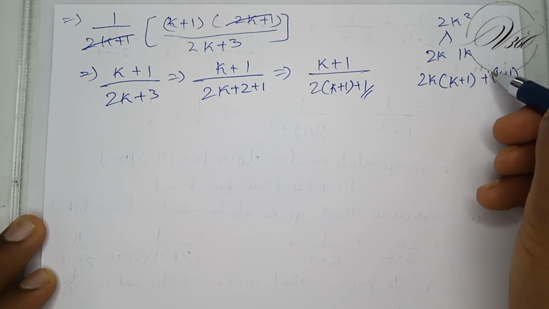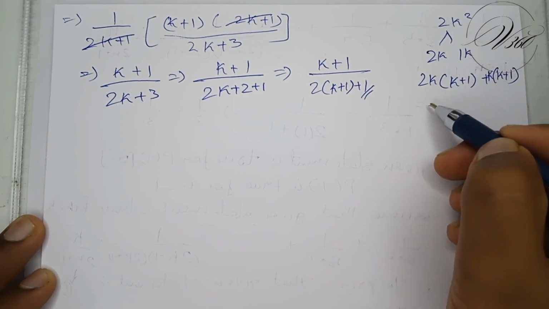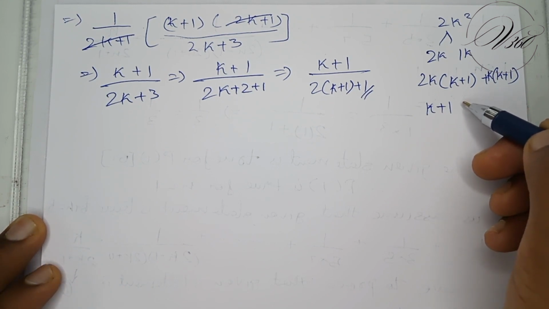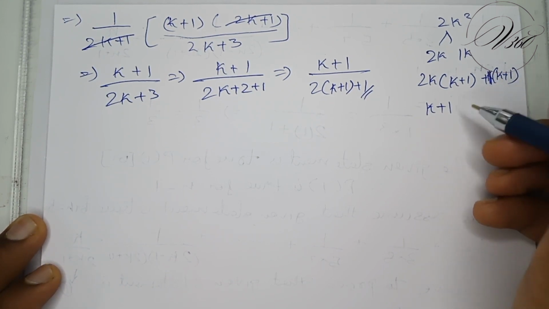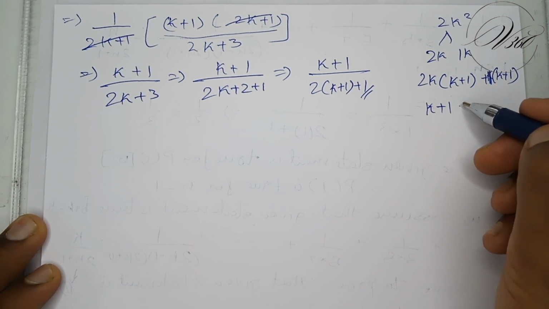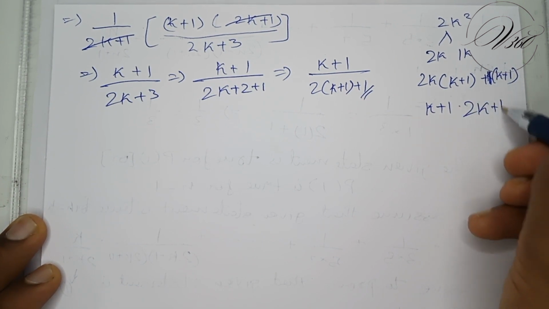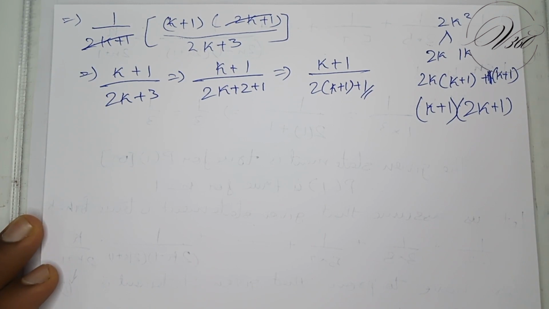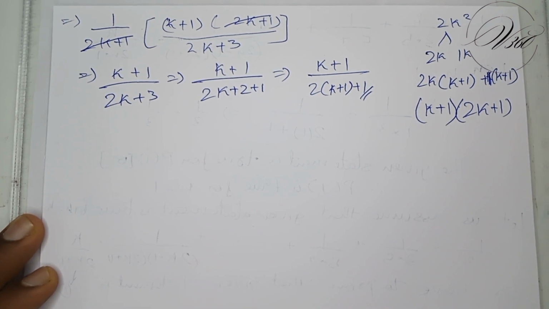Done. Here k, okay? Now I'll get (k plus 1) of here 1 only, no, right? 1. Here I will get 2k plus 1 here. This is how I got this quadratic equation in simpler form.